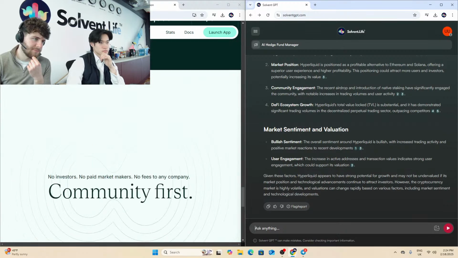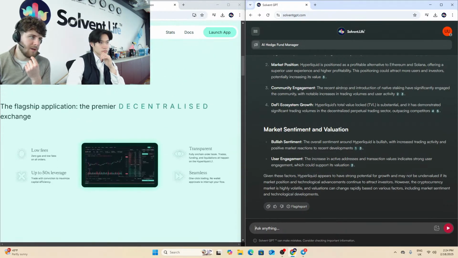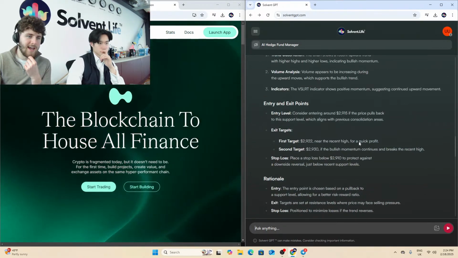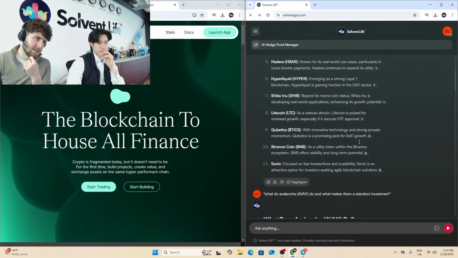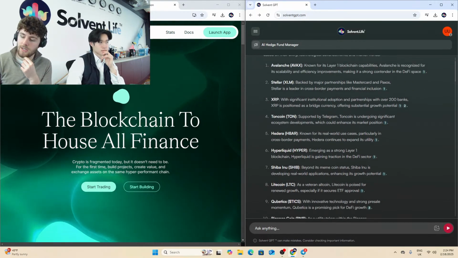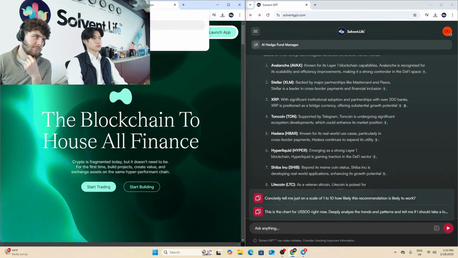Fantastic. So a lot to look at in terms of Hyperliquid. Now, this software is easily able to find and detect any sort of upcoming coins, any sort of upcoming investments that we could take, which over a long or a short amount of time will turn into quite promising return on investments.